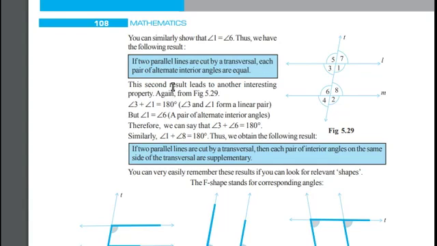If two parallel lines are cut by a transversal, each pair of alternate interior angles are equal. Now let us consider diagram 5.29. L and M are the two parallel lines cut by a transversal T. Now let us concentrate on interior angles.